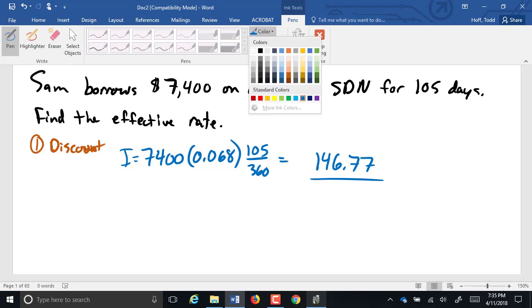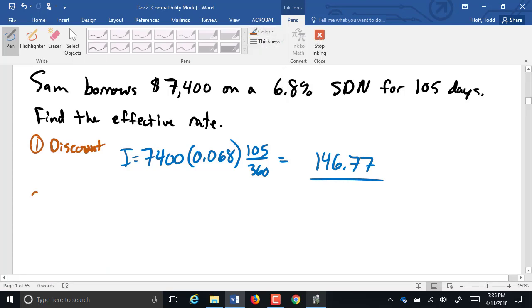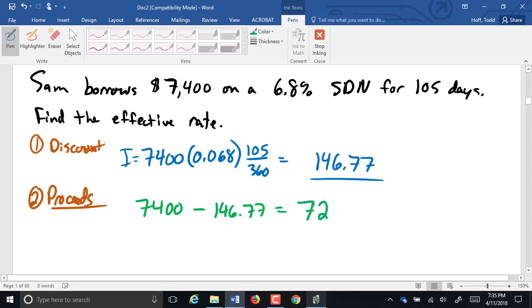What's our next step? Okay, find our proceeds. So yes, it's 7,400 minus the discount of 146.77, which is $7,253.23. Does that look right?